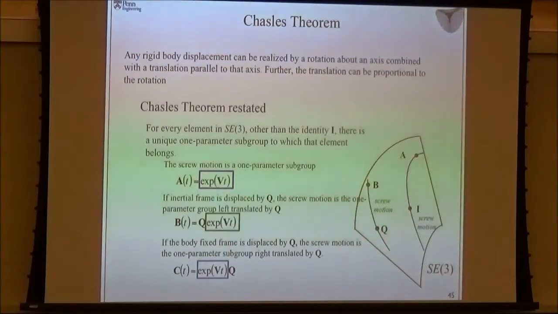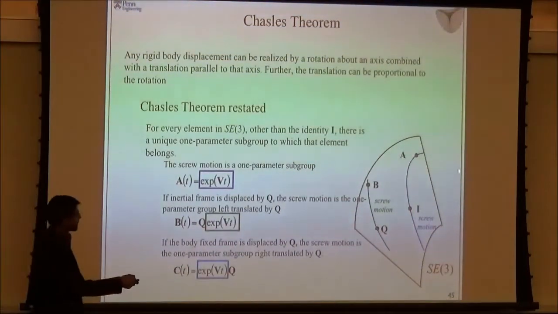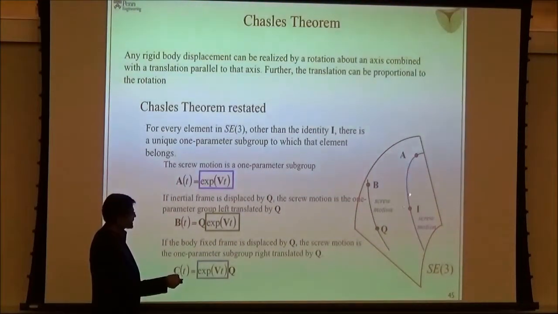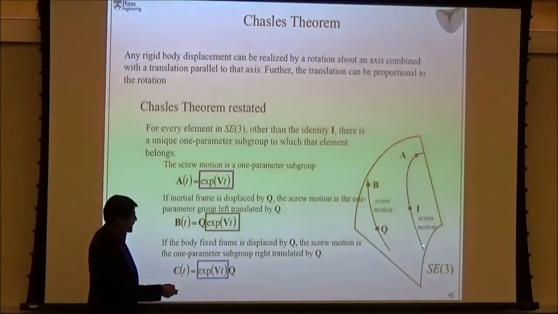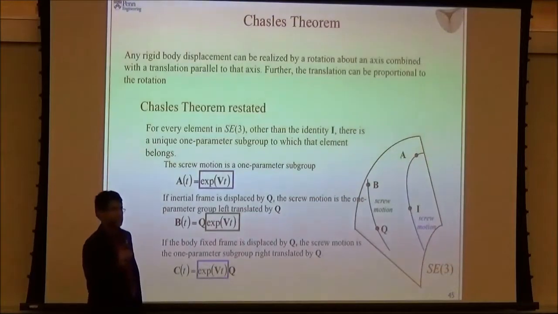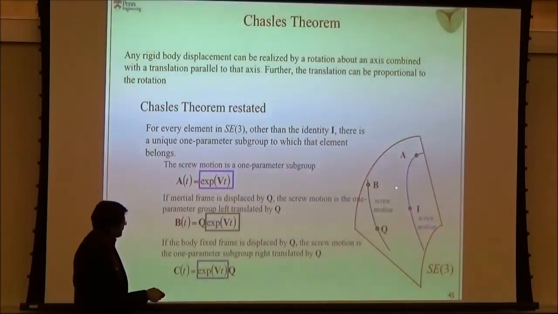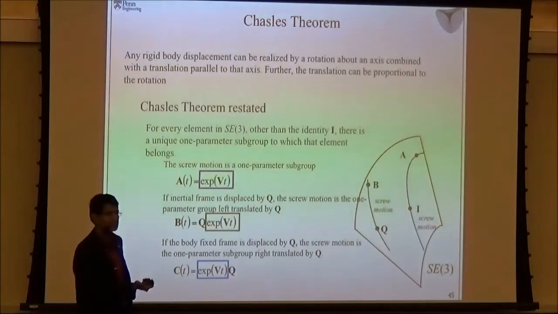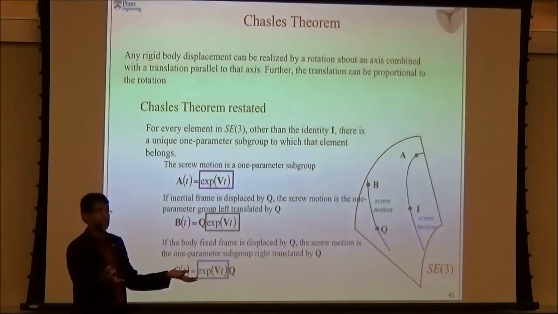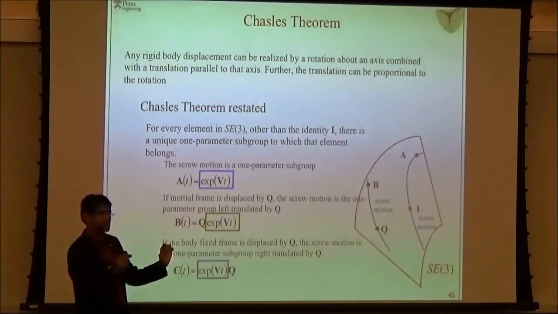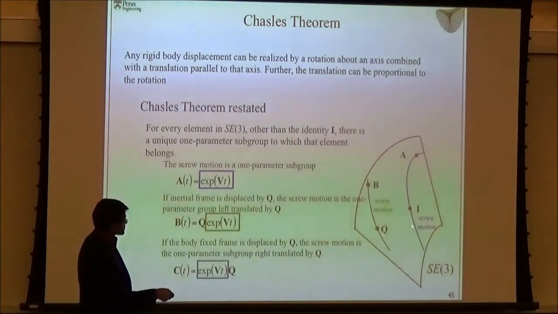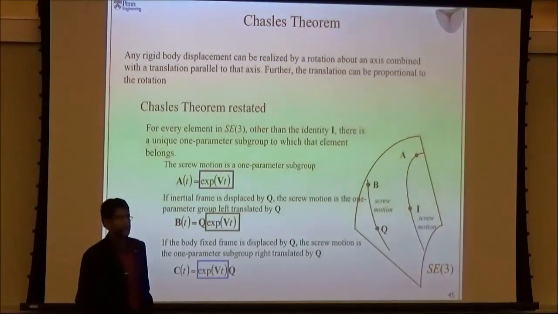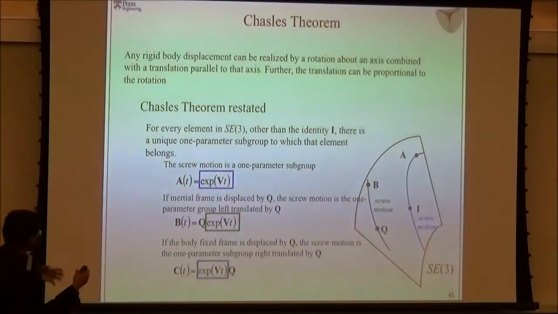Essentially, if I want to join the identity to A, there's a unique trajectory, and this trajectory is a one-parameter subgroup, which means elements along it satisfy the closure property and all the properties of the subgroup, and it's a one-dimensional subgroup. That's what a screw motion is.